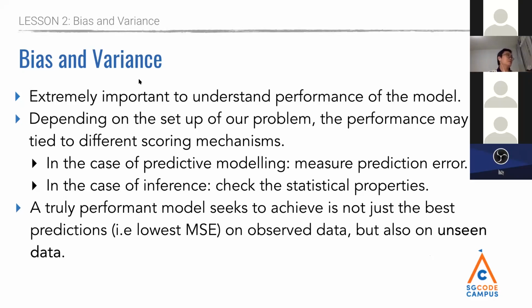Overfitting means your model is doing very well on the training data set. I use a very complicated model to interpret every single data point in the training data set very well.